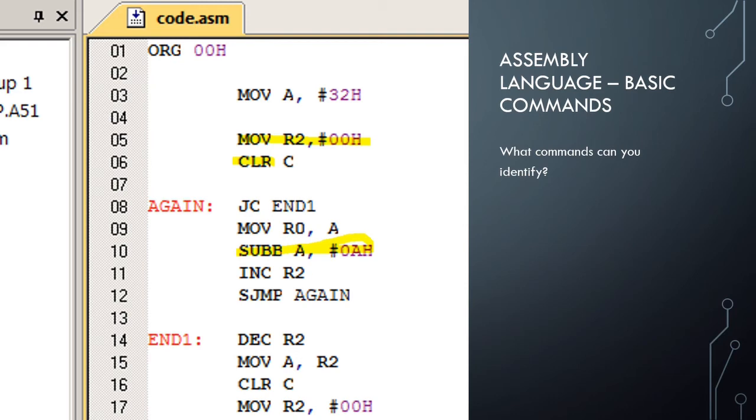Here we're incrementing register 2. So whatever's in register 2, we'll just be adding 1 to that number. Further down, we see we're decrementing, we're subtracting 1 from register 2. And so you can start to see different commands, and you'll start to recognize them and become more familiar with the setup of an assembly language program.